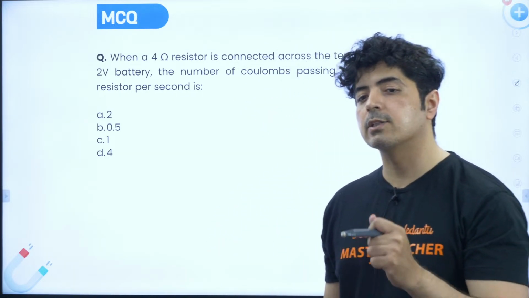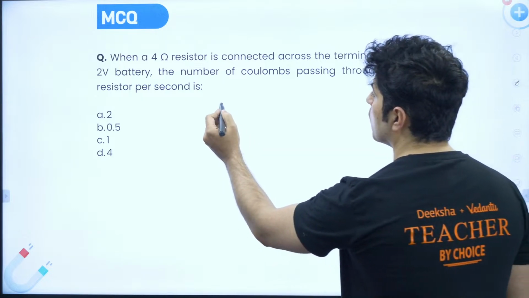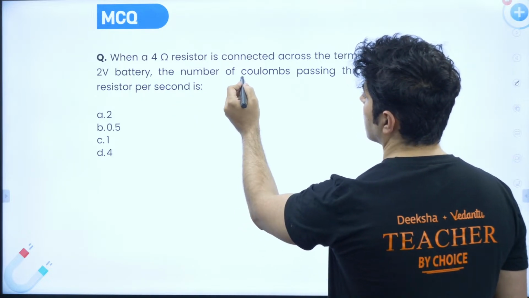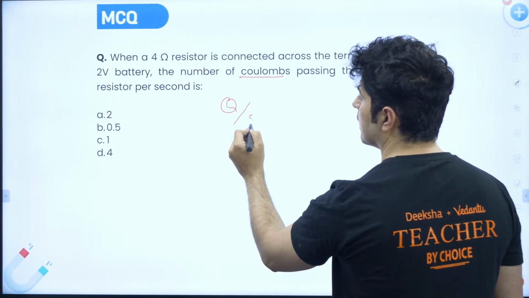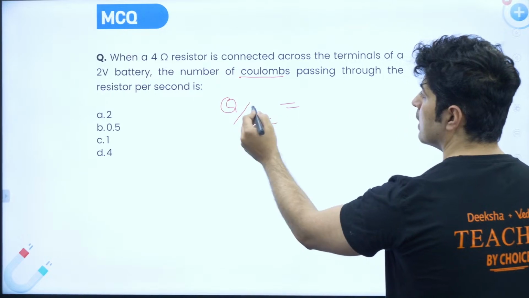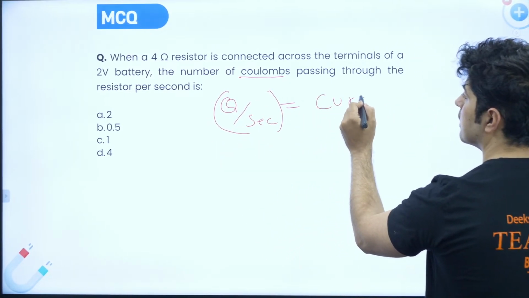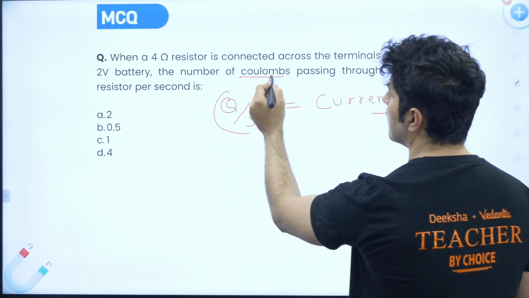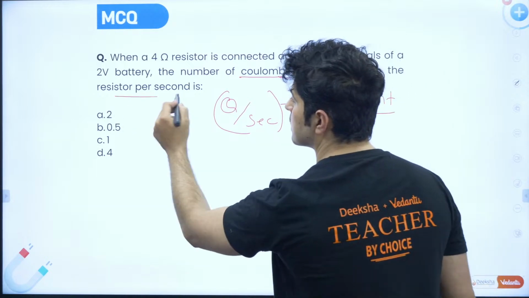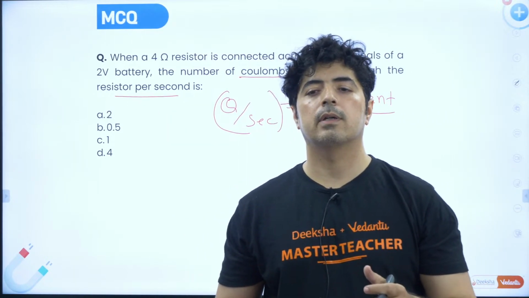How much charge is passing through per second? So the charge Q per second is also the same as asking about current. Remember this, that's why this particular phrase, coulombs passing through per second, is used. Sometimes the examiner likes to make you disoriented.